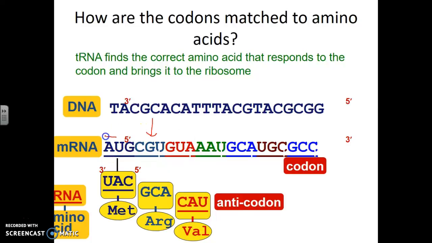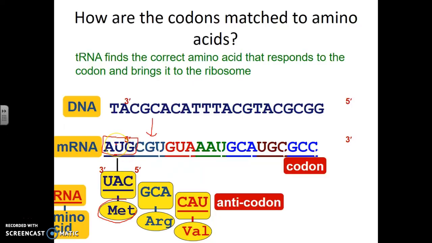So if you see here, you have the AUG, the start codon in the mRNA. The start codon is where the ribosomes hop on and start translating. But there's a tRNA that exists that's carrying the amino acid for the codon that has the anticodon to AUG.